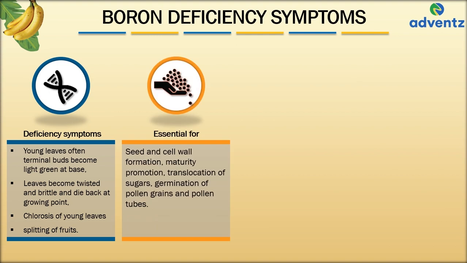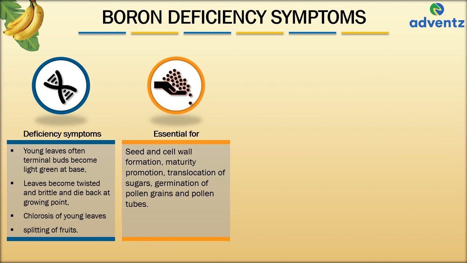Boron is essential for seed and cell wall formation, maturity promotion, translocation of sugars, germination of pollen grains and pollen tubes.